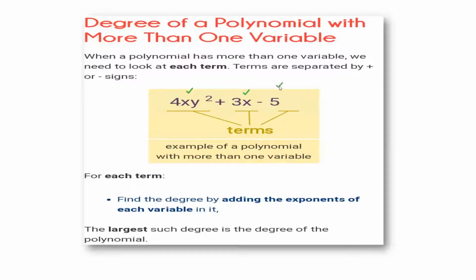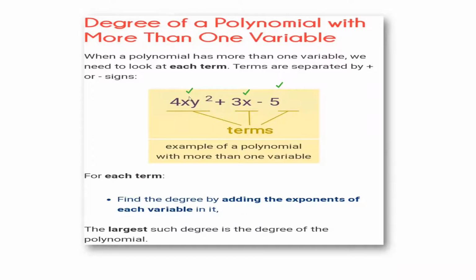Now in these 3 terms, we have to check how many variables are there, students. Here x and y, so 2 variables are involved in the first term. Then we have to add the exponents of x and y to get the degree.